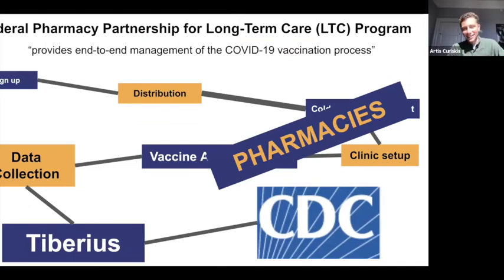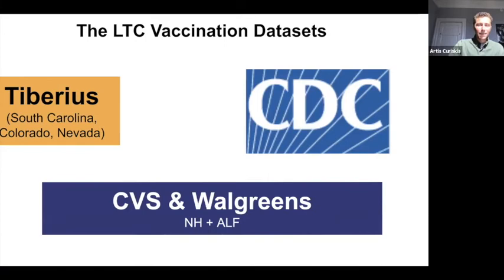So back to this is the whole pipeline of information that runs largely through Tiberius and ends up in the CDC. And at the end of it we end up with 3 data sets. We have the Tiberius data set that we can pull from South Carolina, and since you have Colorado and Nevada providing it, maybe other states, that gives you the facility level information and staff and resident split.